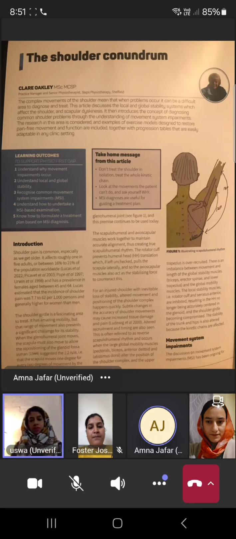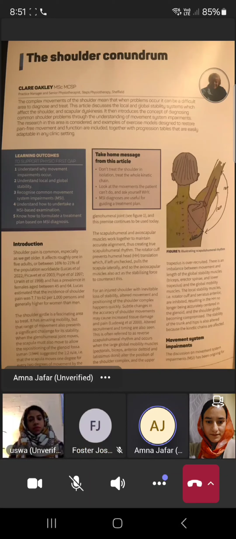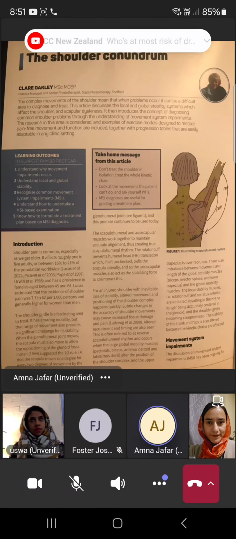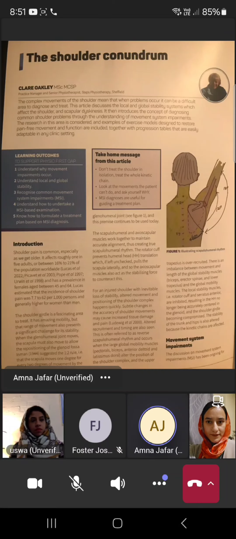The next thing is the take home message from this article. What will we all learn, inshallah, at the end of this CPD module? Don't treat the shoulder in isolation, treat the whole kinetic chain.